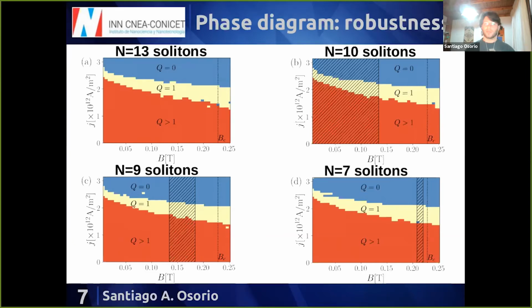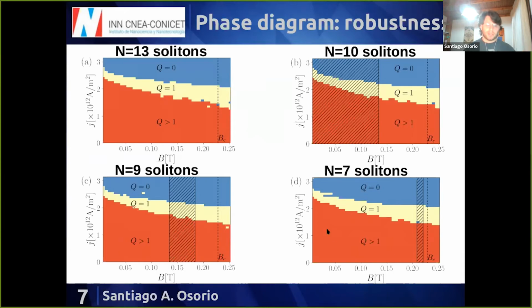So for example, we show here 4 phase diagrams derived from 4 different initial conditions with 13, 10, 9, and 7 solitons. The hatched box indicates the field range in which the state with n solitons is stable.